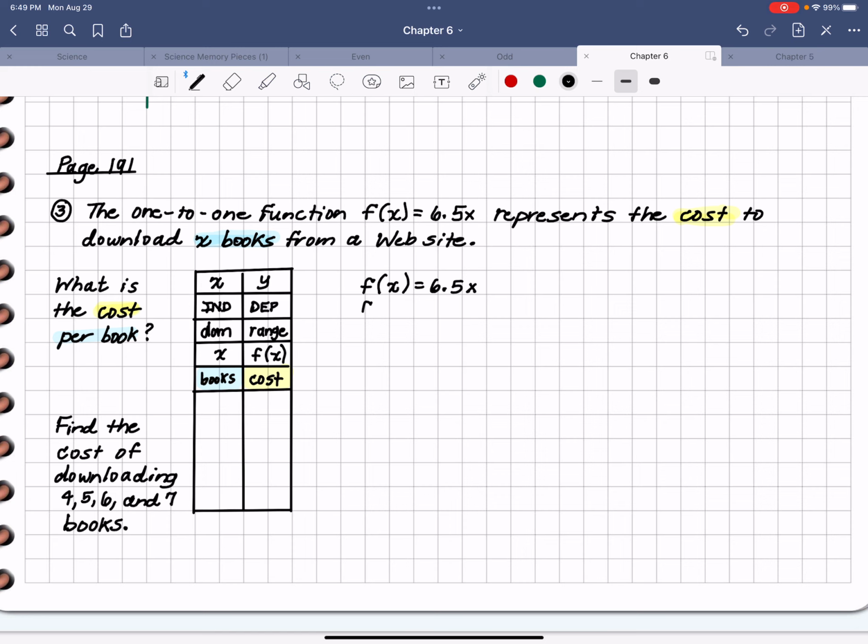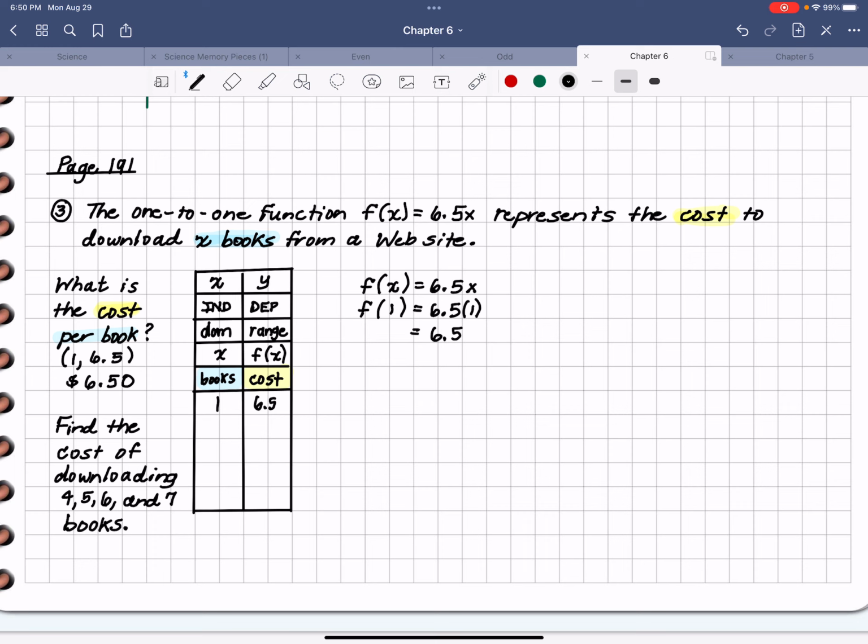So we don't know this yet, but we know that X, the number of books, is going to be 1. So when X is 1, Y is 6.5, or $6.50. So we've answered the first question because the point is 6.5. That means that one book is $6.50. So the first question can be answered just by looking at your equation.